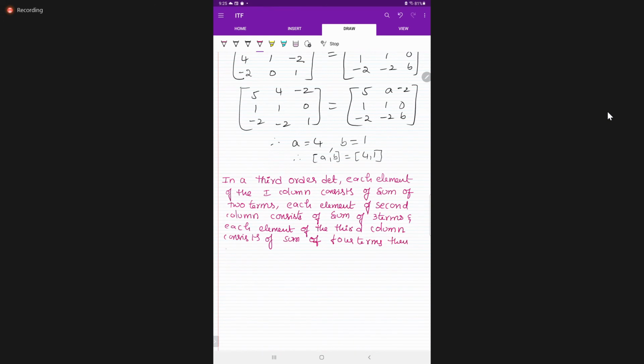Then it can be decomposed into n determinants, where n is the value. First option is 1, second option is 9, third option is 16, fourth option is 24. What is the answer?